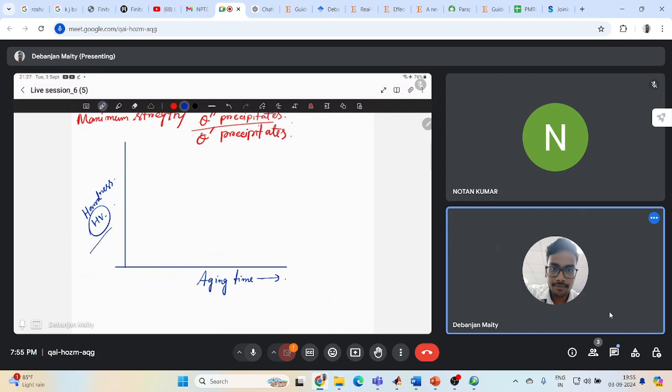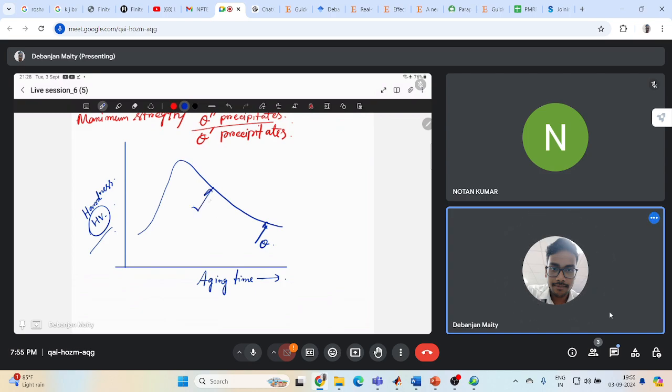So usually we talk about this HV. So this will look something like this. This will be my theta precipitate.